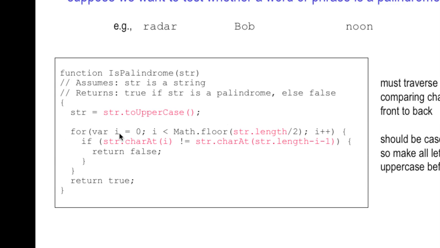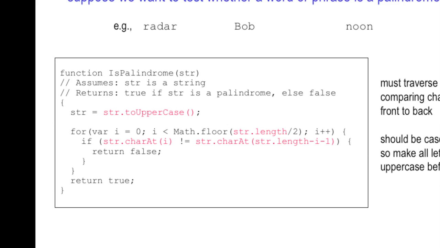Okay, so for the variable, and then again, notice we're using var i because we want this to be local. i is equal to 0. i is less than Math.floor(string.length / 2). So i++, which means let us go from left to right, the entire string length. If the string at character i doesn't equal the string at length minus i minus 1, which means the opposite one, so you're comparing left to right, then return false if it's not equal.